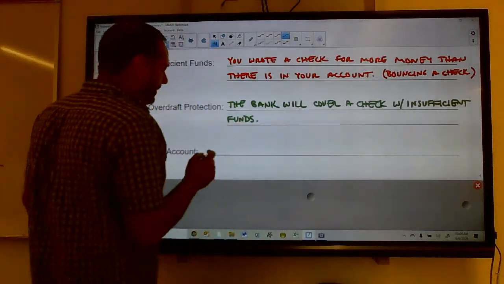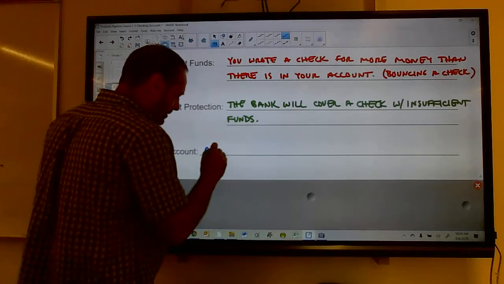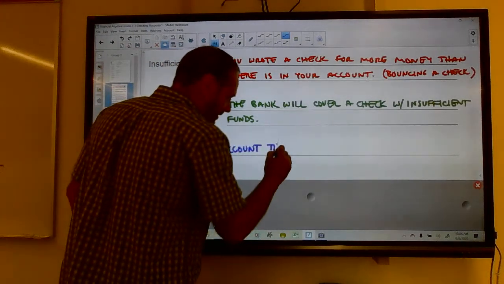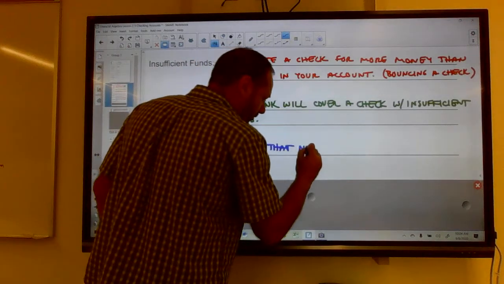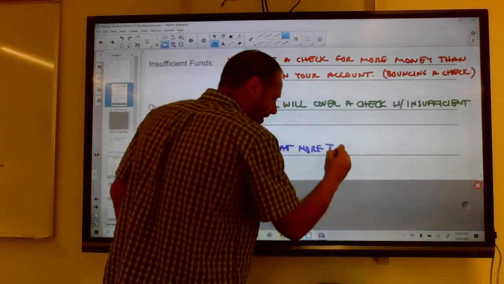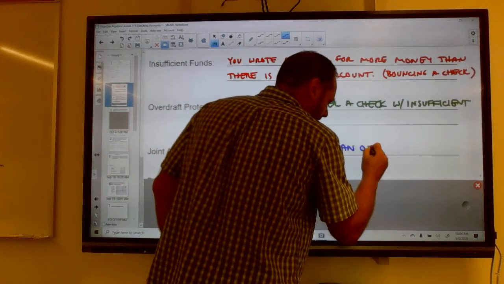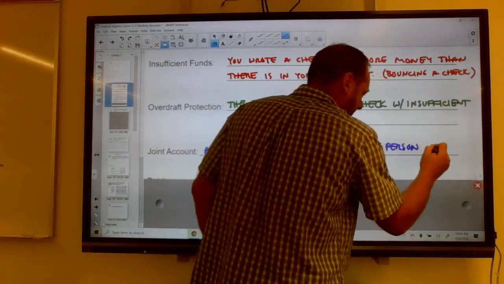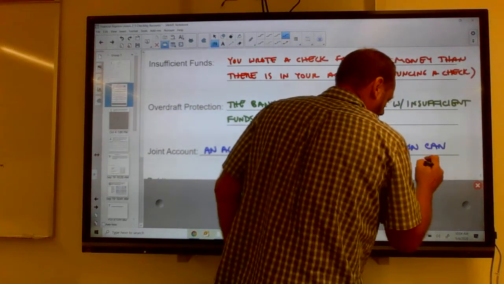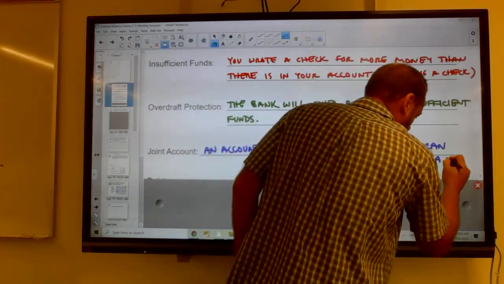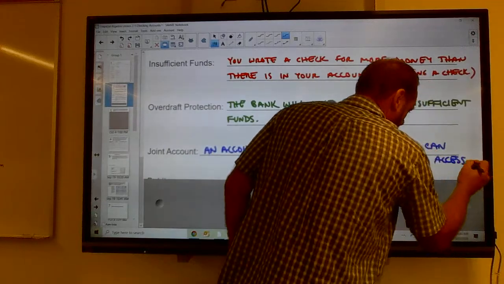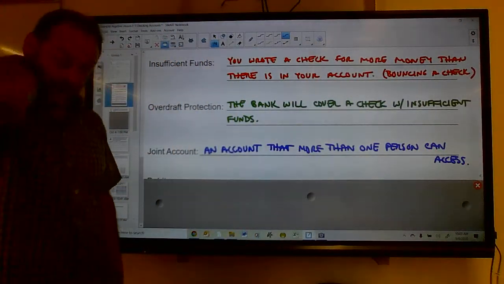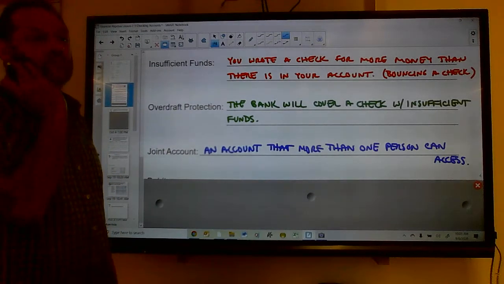Okay, what's a joint account? That's just an account that more than one person can access. Usually married couples have a joint account so they can both access the money.